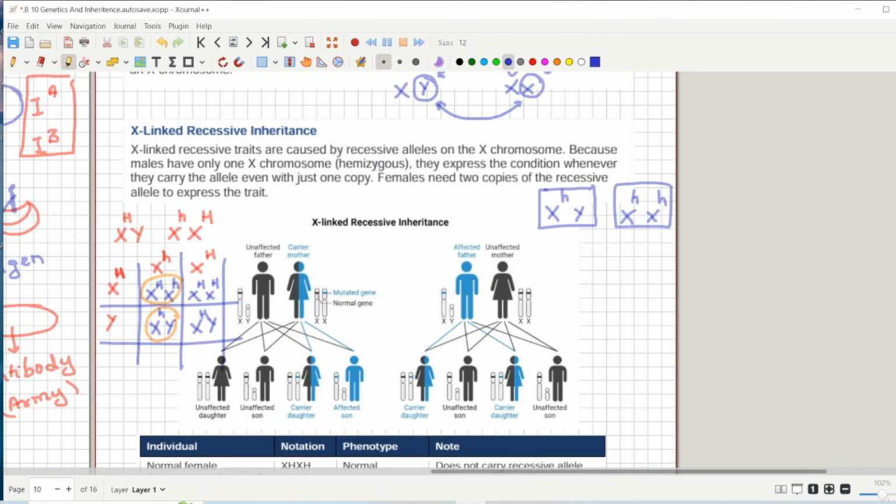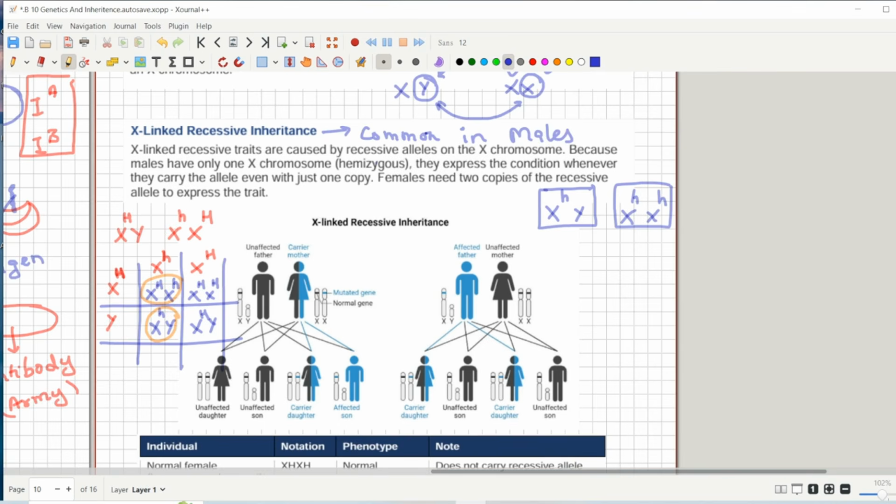That's why the X-linked recessive trait is common in males. Simple, right? So that's why X-linked recessive traits are more common in males. The reason is that males contain only one X chromosome, and if that X chromosome has capital H, then it will be normal, but if it has small h, then it will show the character.